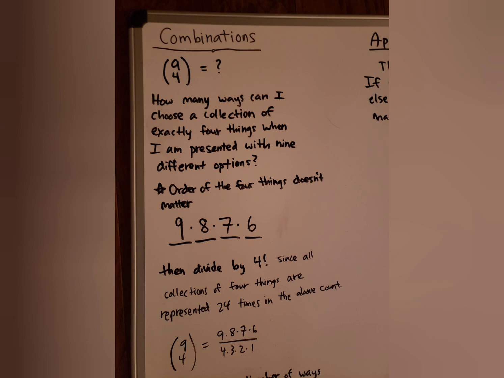In the latter situation, there's a sense in which the order of the friends in line matters. However, whenever we talk about combinations, or whenever we use the symbol with the parentheses that's seen on the board here, we are talking about situations where order does not matter. So a combination is just a particular collection of things from a larger set that doesn't have any particular order.